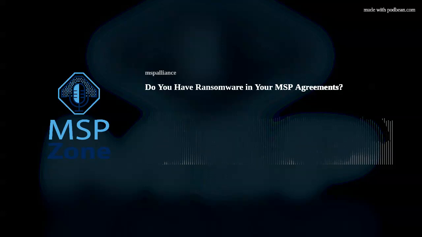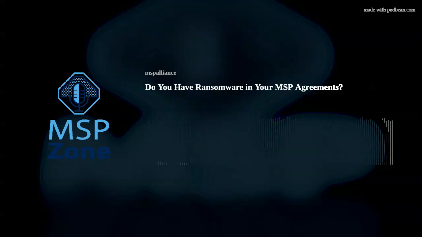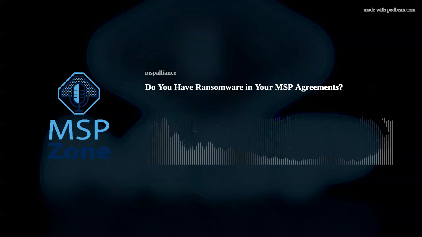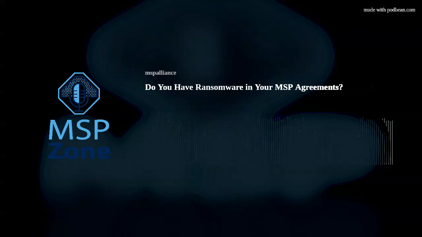Well, Rob, I can't help but think that doing this as a standard practice on the part of MSPs is going to help align things much more quickly and give transparency to customers. If I was an end user customer and I had an MSP who presented to me this type of a revised agreement, I would say, okay, I accept this.